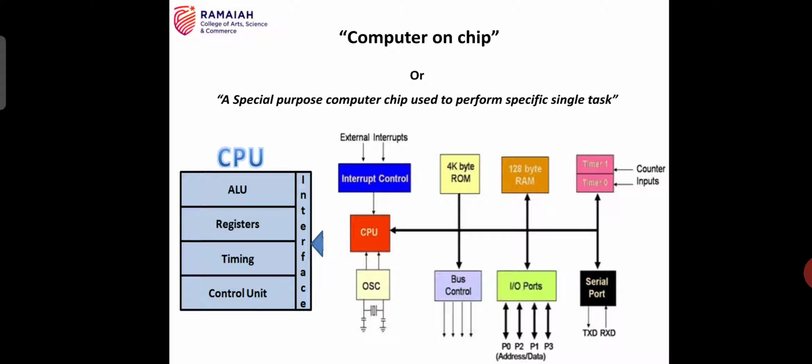There is a small amount of program memory, that is ROM, which is 4 kilobytes for 8051, and 128 bytes of data memory for the 8051 microcontroller. There are 2 timers in the 8051, but in different families the number of timers may vary.